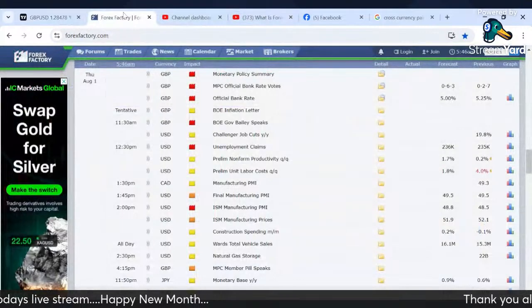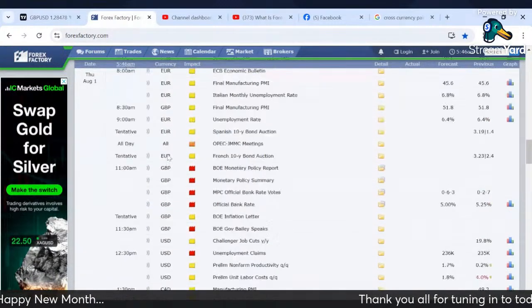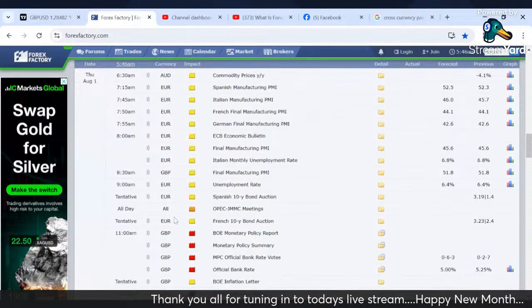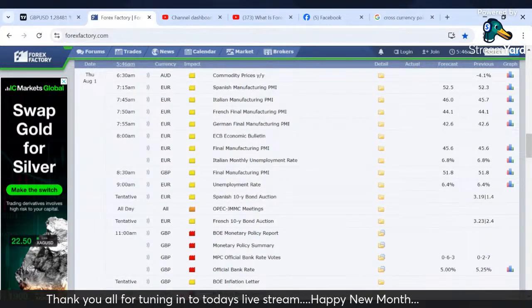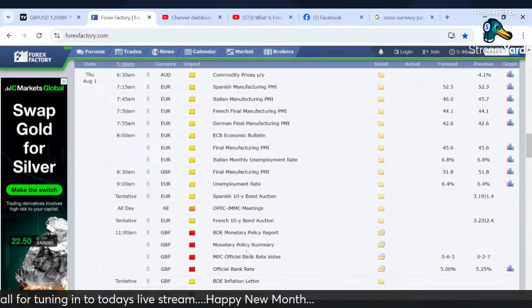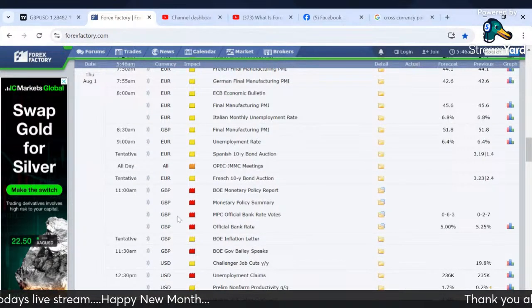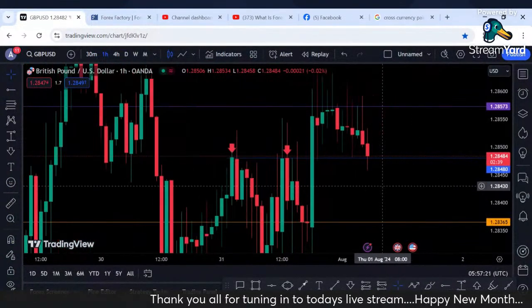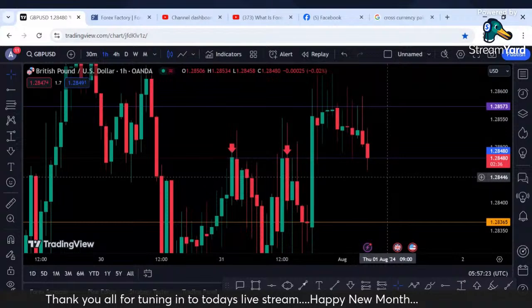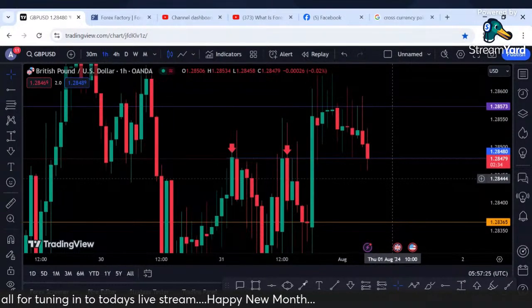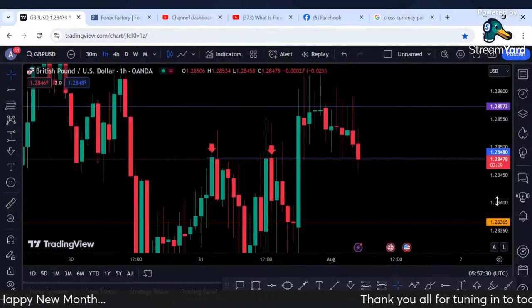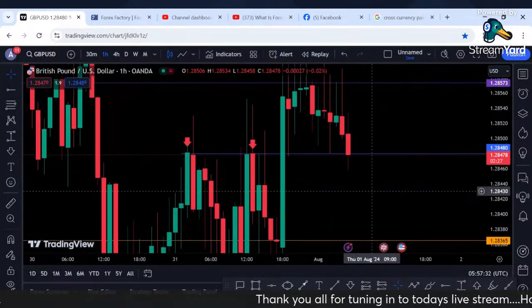let's see the news for today. Today is Thursday, right? So you have CHF. Today we have the Bank of England GBP interest rate, which is very high impact news. So we have to get the trade early, because before the news, around 9, the pair will be consolidating till the news has been released.